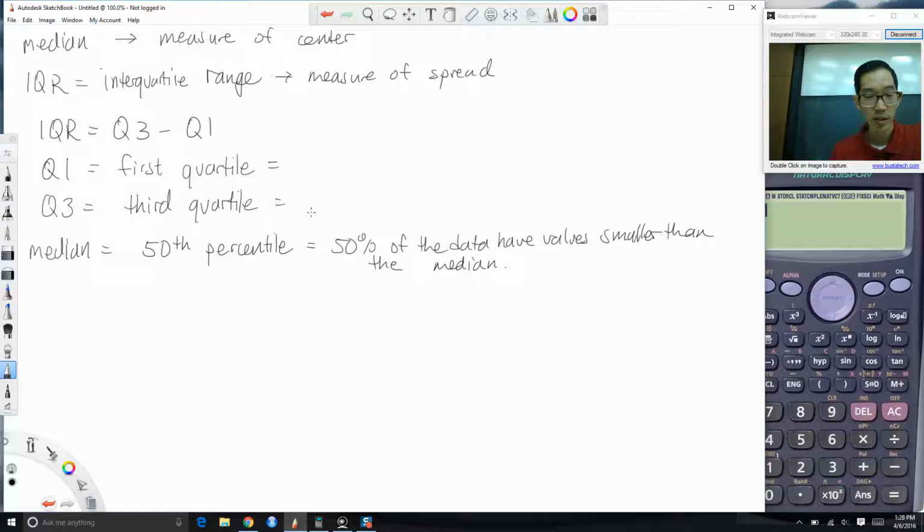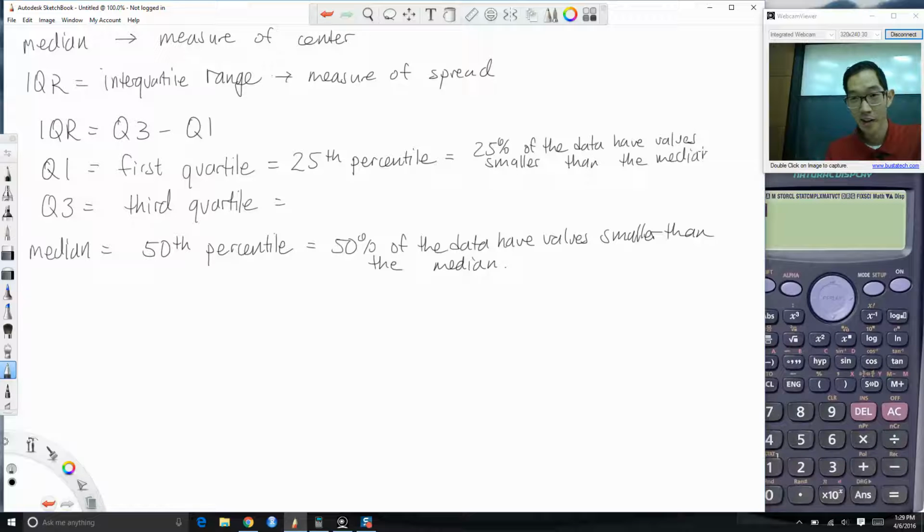Then the first quartile would be the 25th percentile, and this means 25% of the data have values smaller than the median.